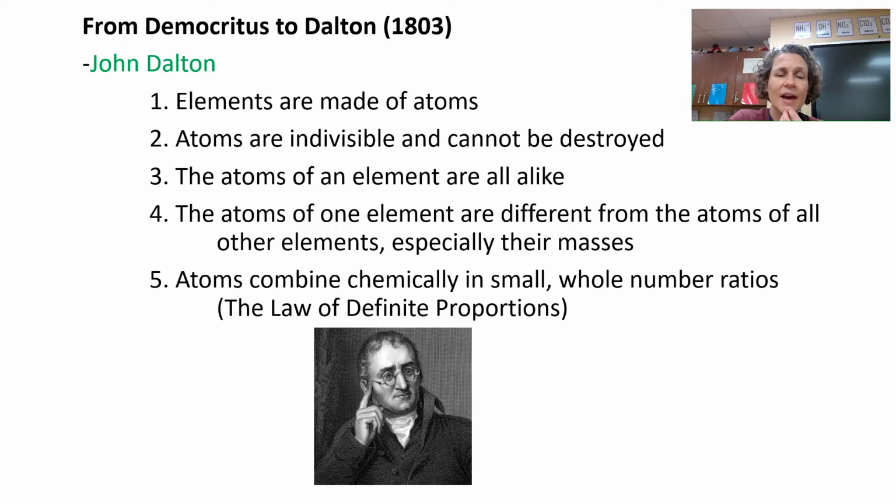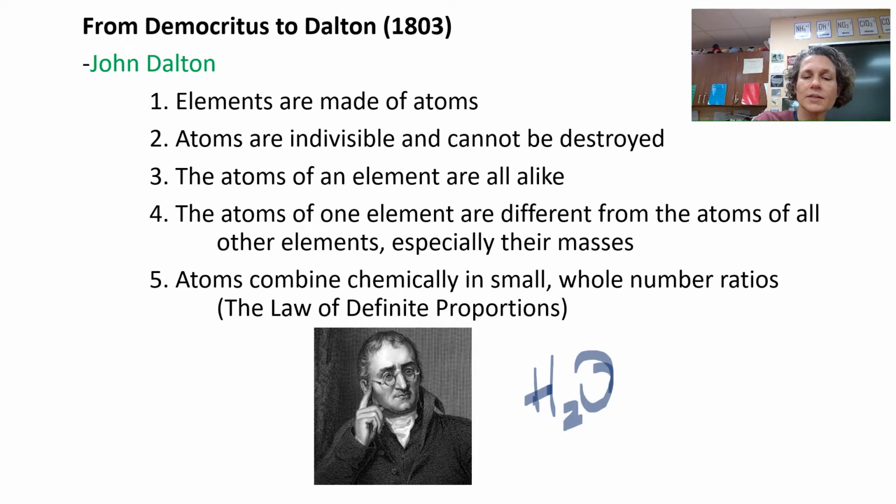Then he said atoms combine chemically, remember that will form a compound, in small whole number ratios. We've talked about this several times already. Remember, our big example of this is H2O. It was the idea that it's always water as long as that ratio stays the same.